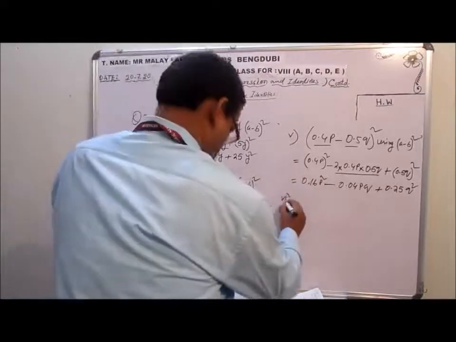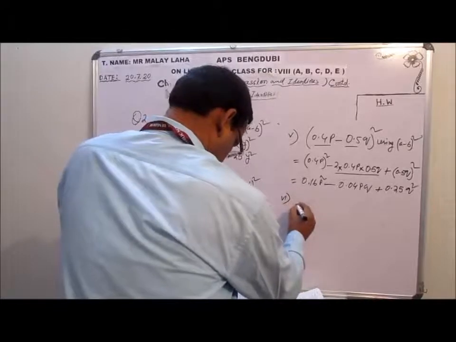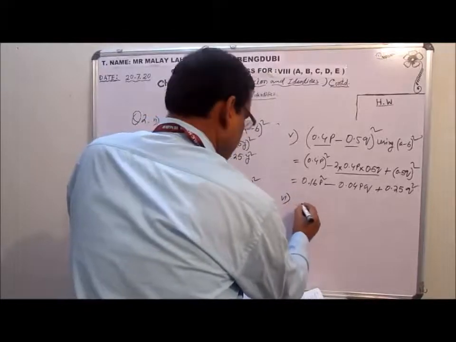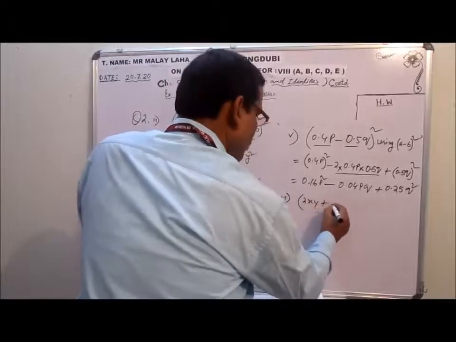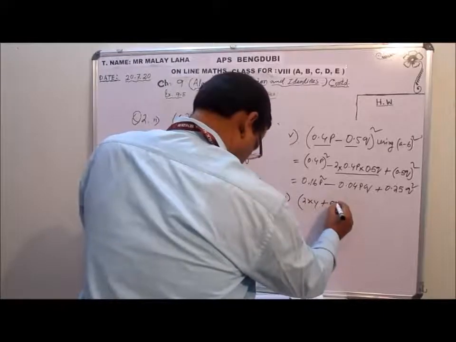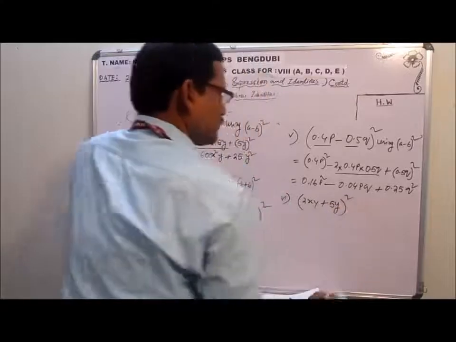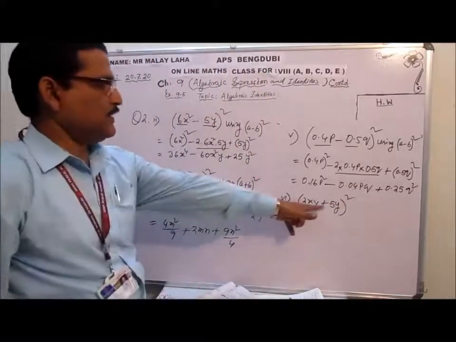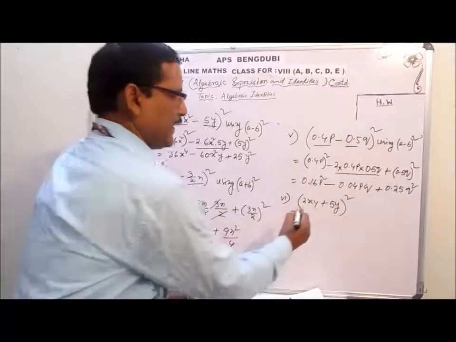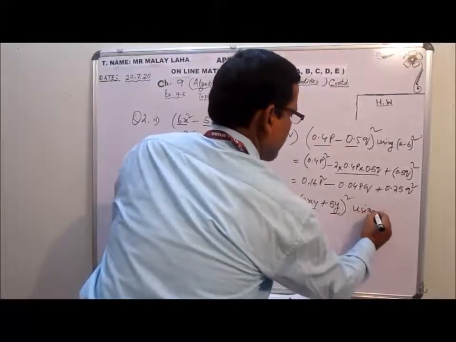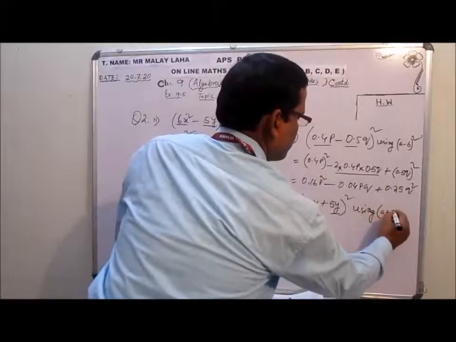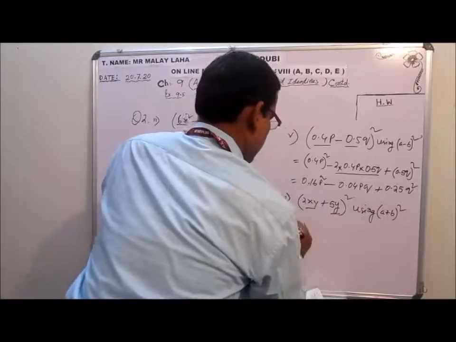6. (2xy plus 5y) whole square. So A plus B whole square. This part is A and this part is B. Using A plus B whole square.